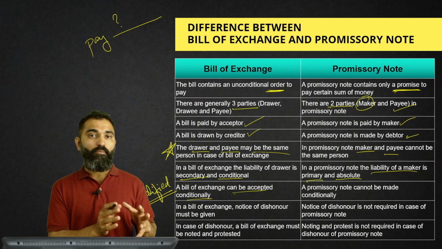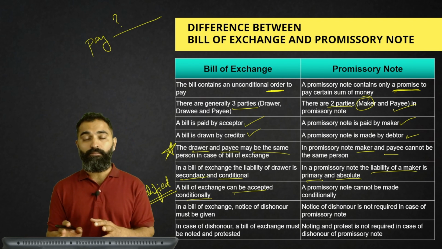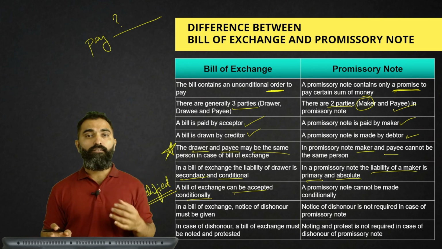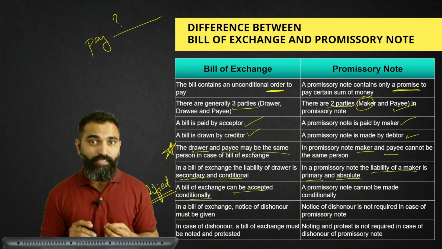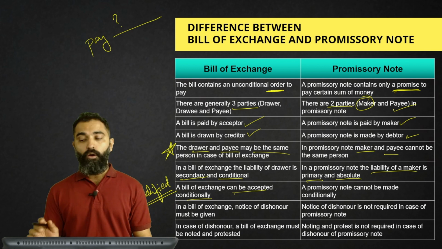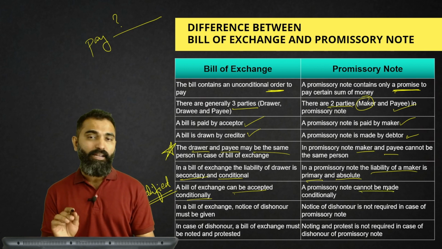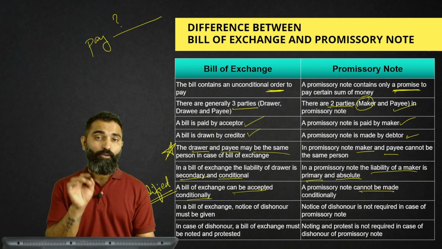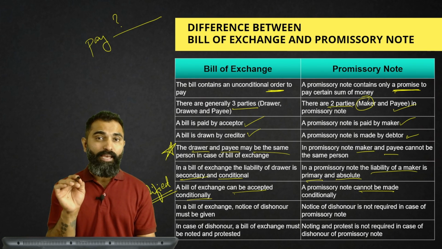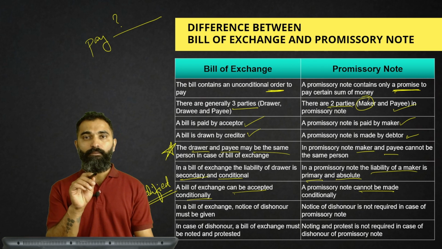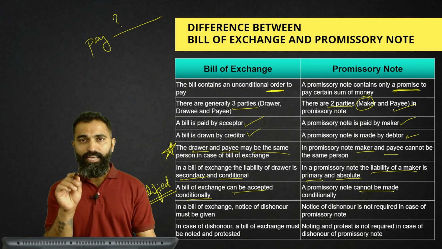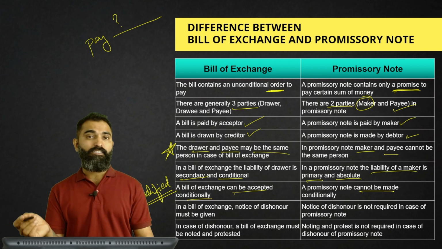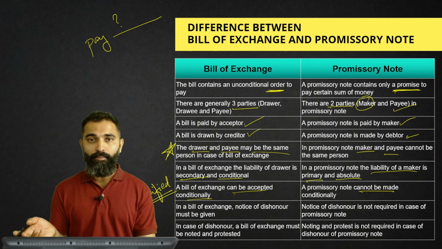There is a part in your module which is called types of acceptance in your study material. Just check. So, a bill of exchange can be accepted conditionally, whereas a promissory note cannot be made conditional. I cannot write in the promissory note, I promise to pay, let's say, Mr. XYZ if it rains in Bengaluru tomorrow. I cannot do that.